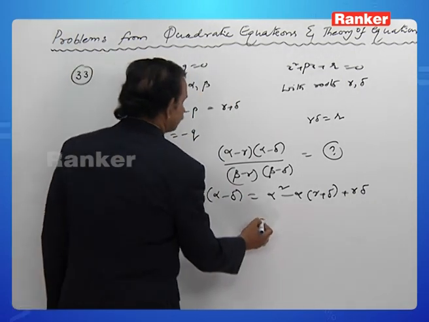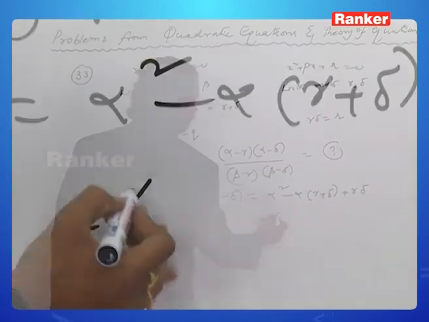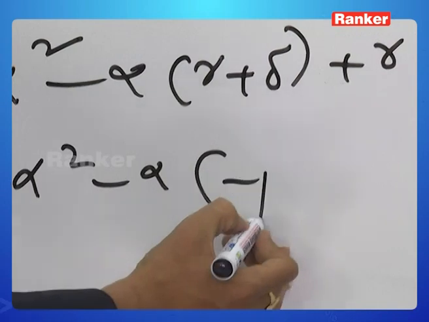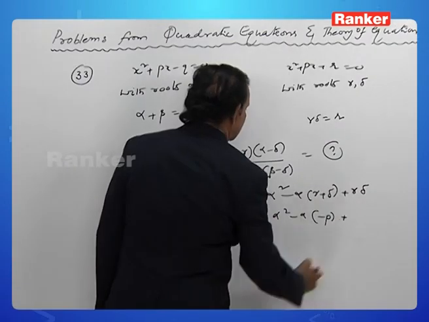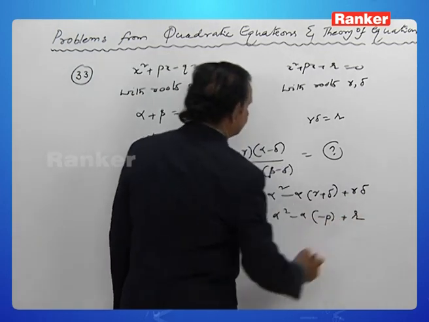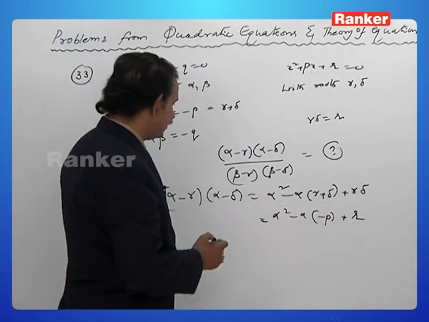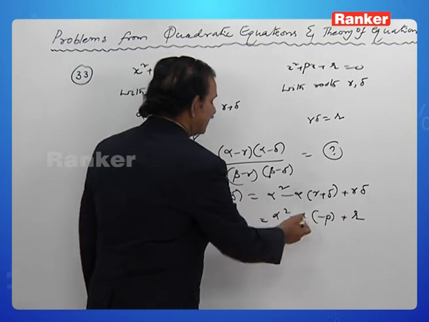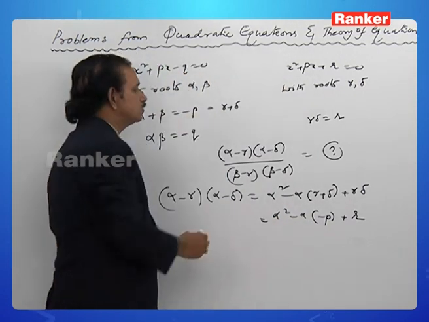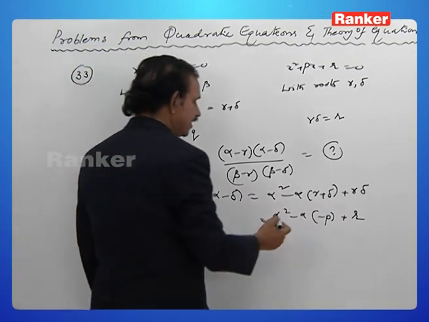This is equal to, in the place of gamma plus delta, you can write minus p, plus gamma delta. What is gamma delta? It is r. Here is the beautiful equation: alpha square plus p alpha. Alpha is a root of x square plus px minus q is equal to 0, isn't it?